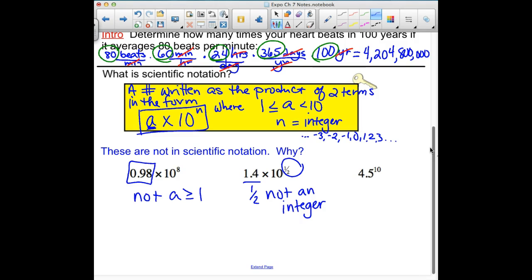It has a 10 in it. It has the 4.5, a number between 1 and 10. But in our scientific notation, we have to have it being multiplied by 10 to a power. So it is not the product of a number and 10 to a power. Okay?